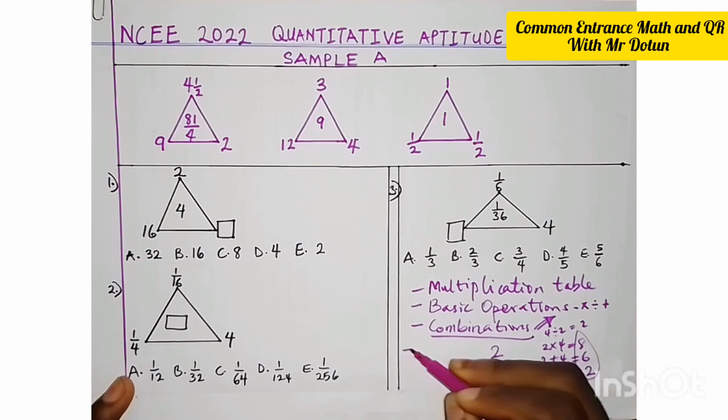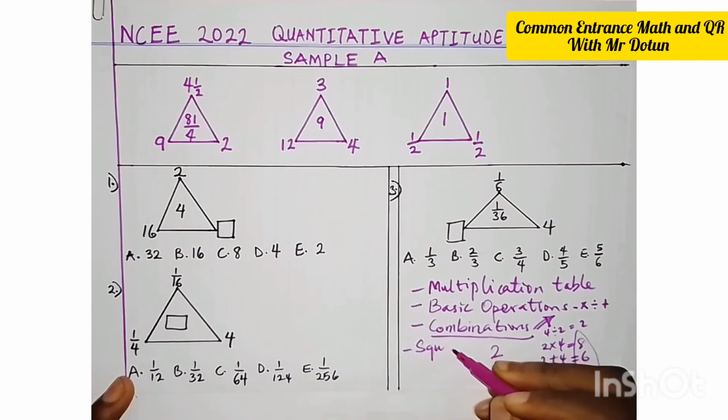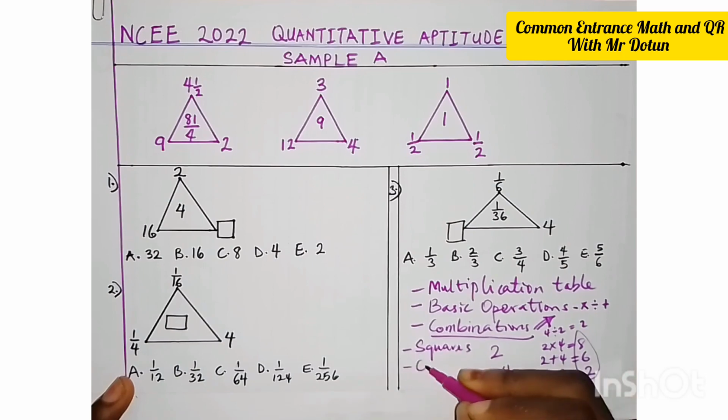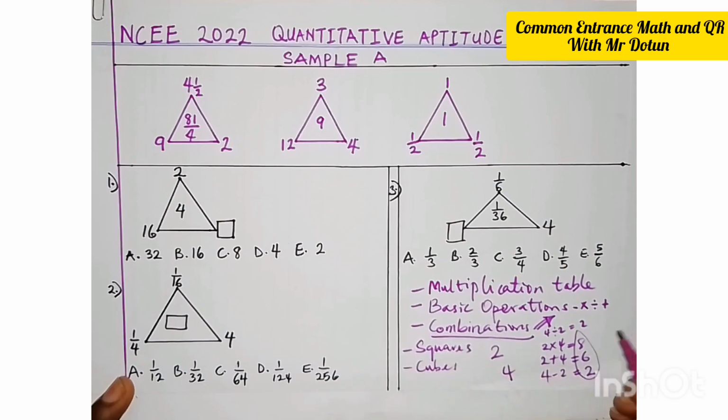Another thing is squares, squares and square roots, and cube roots. So you're looking out for squares. By now you should know your perfect squares from 1 to 20. If you don't, you can master it. 1 squared is 1, 2 squared is 4, 3 squared is 9, 4 squared is 16, 5 squared is 25.